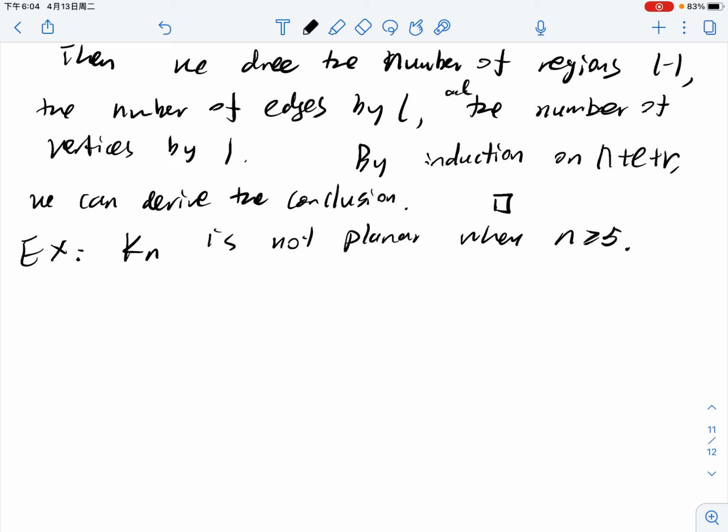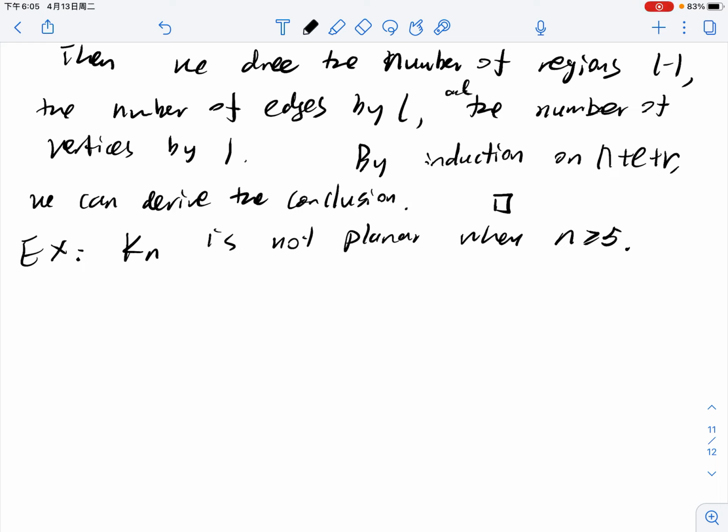So just here I want to say that the reason I introduce Euler's formula is that I want to show you that although the formula is quite abstract, it can be useful in reality. For example, long time ago, we said that for K5, which is a star-shaped thing, there must be intersections in between.